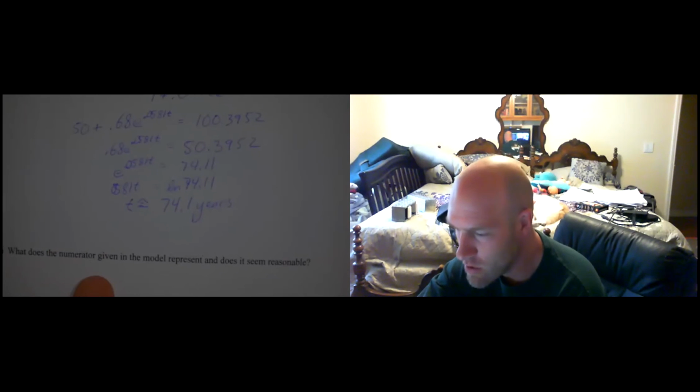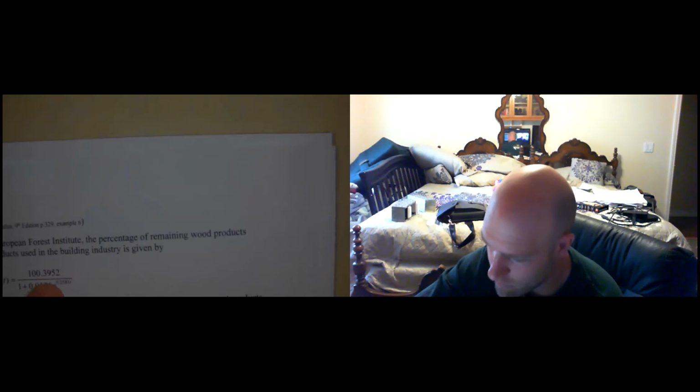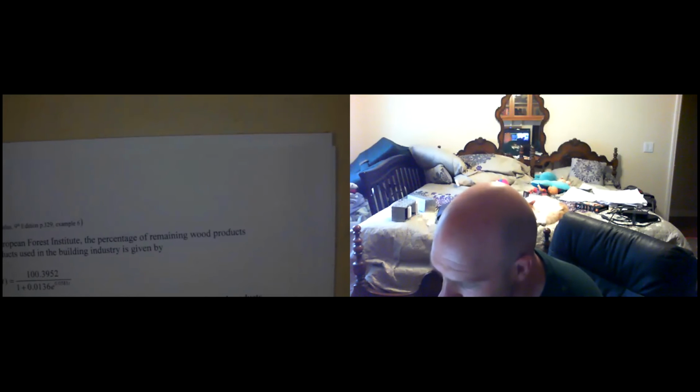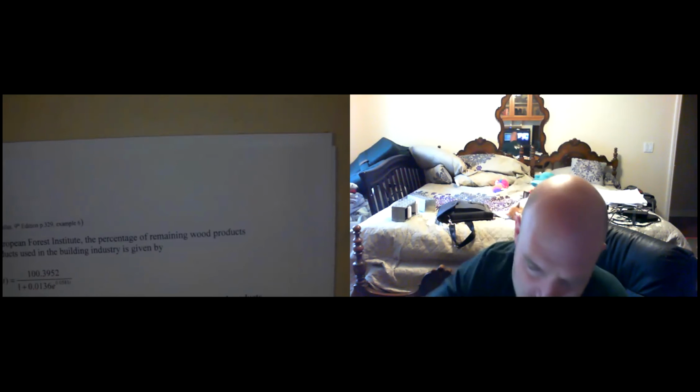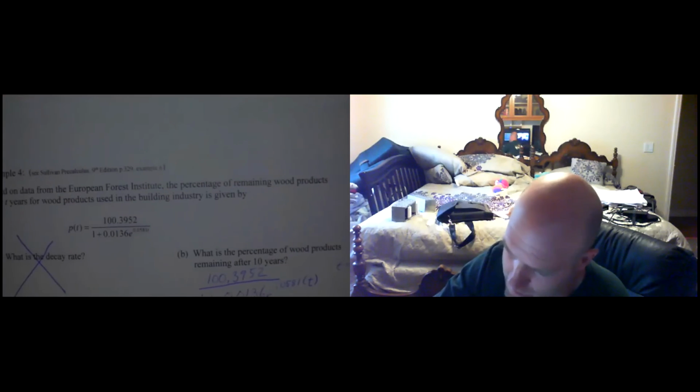The question at the bottom asks what the numerator really represents. Well, that 100.352 divided by basically 1 when t equals 0. Technically, that 1 plus 0.0136 should give us basically 100%.